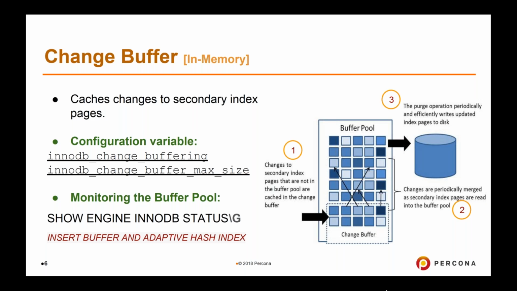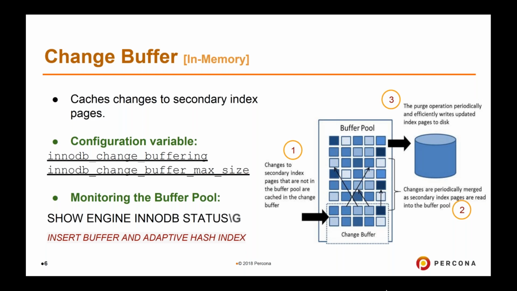But for secondary indexes it is difficult, because secondary indexes have a reference to particular data, and they may write randomly on a different page, and it is inefficient to write randomly on disk. To avoid that, the change buffer will help us.